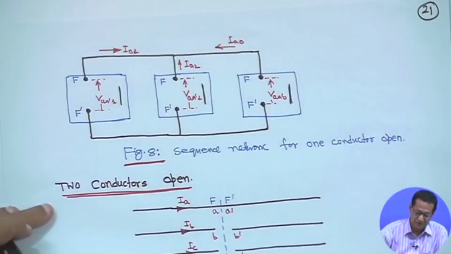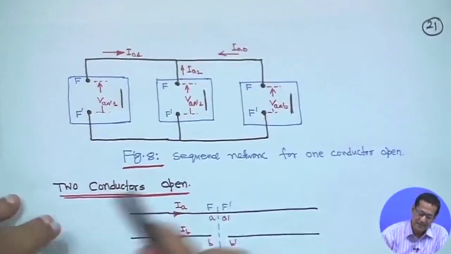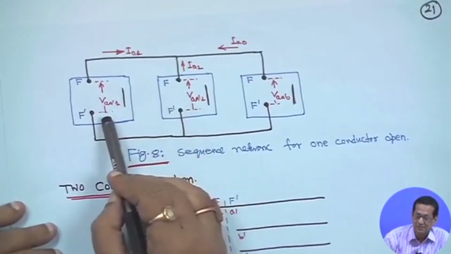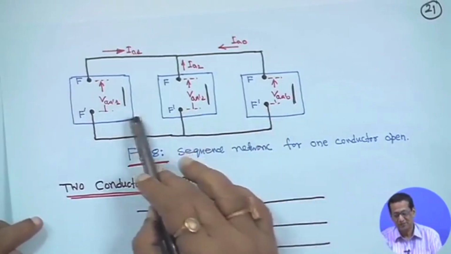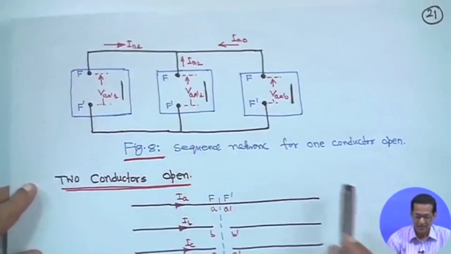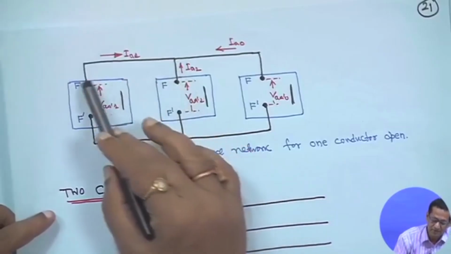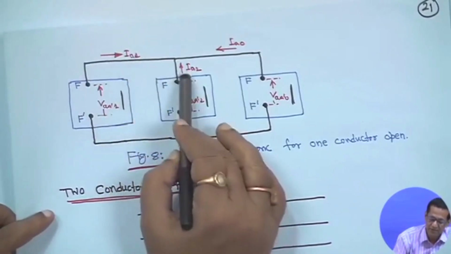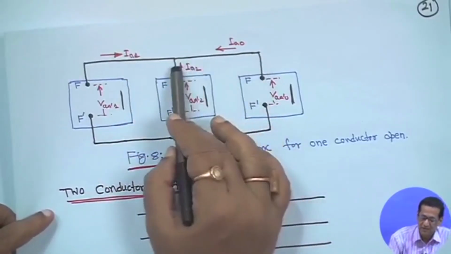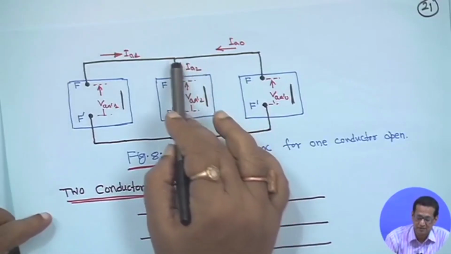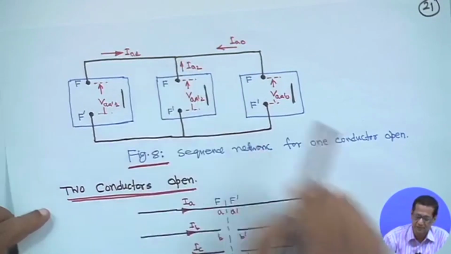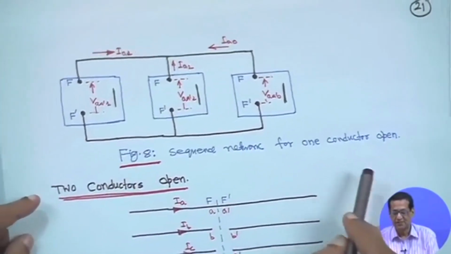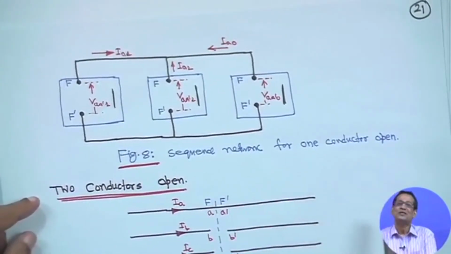In that case, F dash for the positive, negative and zero sequences are all in parallel, because all the voltages are the same. From here the current is I A 1, from here I A 2, from here I A 0, because I A is equal to 0. So at this point there is a meeting point, so I A 1 plus I A 2 plus I A 0 is equal to 0, because of Kirchhoff's first law, and this is the sequence network for one conductor open.